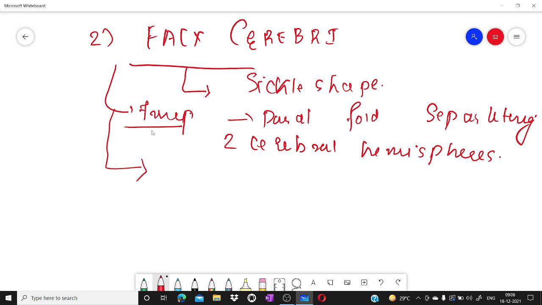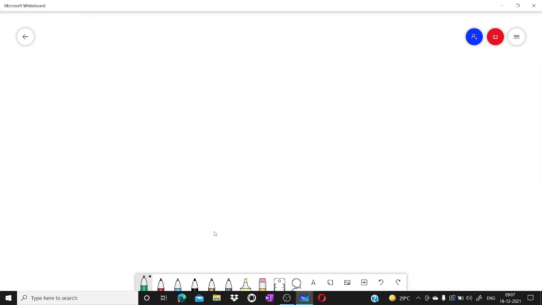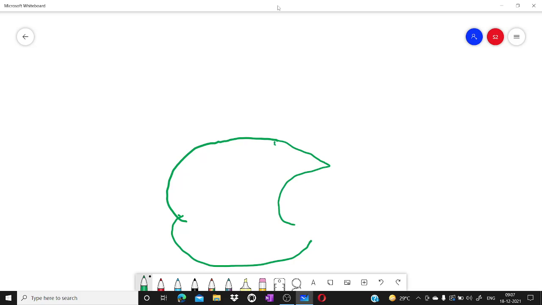For that I have to first draw the tentorium cerebelli here. So you can see this is the tentorium cerebelli and it has a superior surface here, and you can see the median plane of the superior surface.